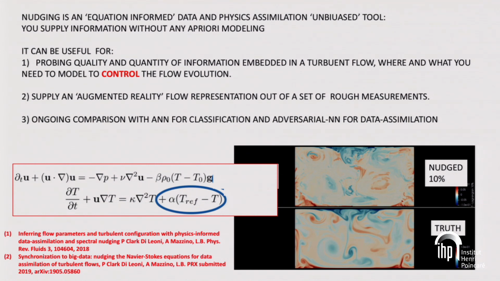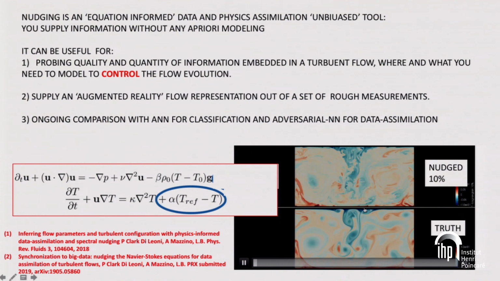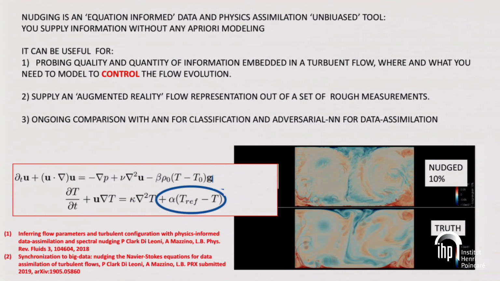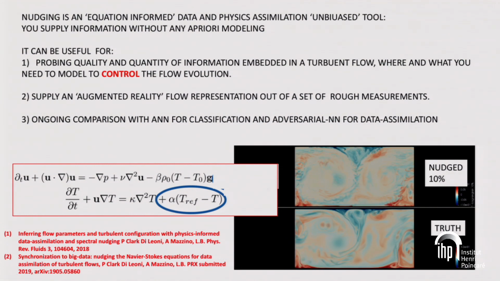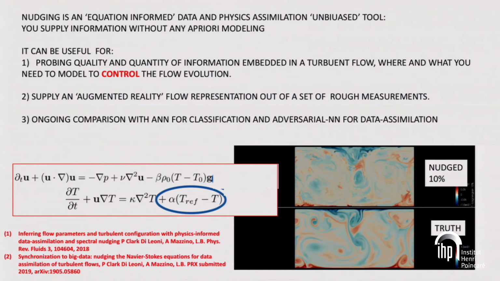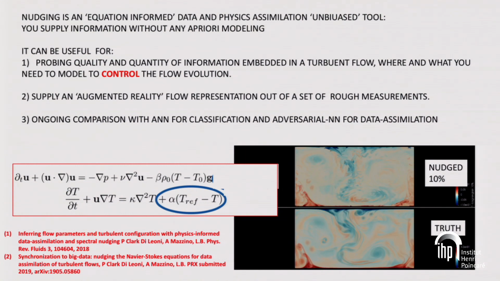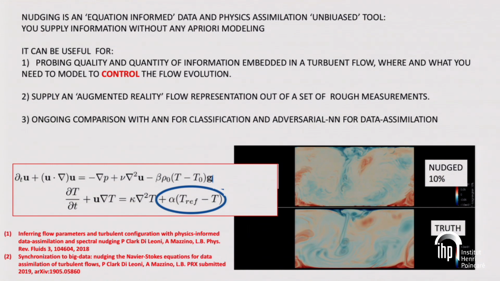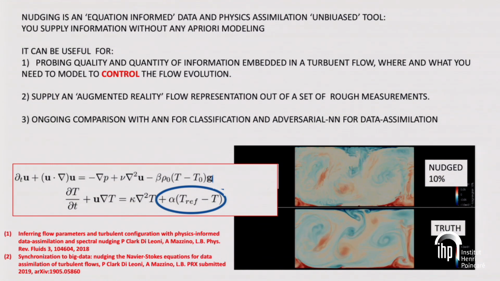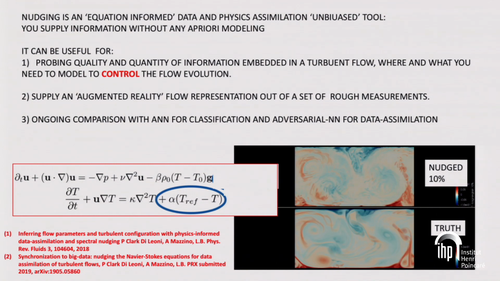So the message is that we were driven, and we are still driven, by the need to understand. For instance, this is a simulation of a Rayleigh-Bénard cell, a cell that is heated from below and cooled from above. So you have the typical convective structures. These are pretty high Rayleigh numbers, so the system is highly turbulent inside. And this is the truth.